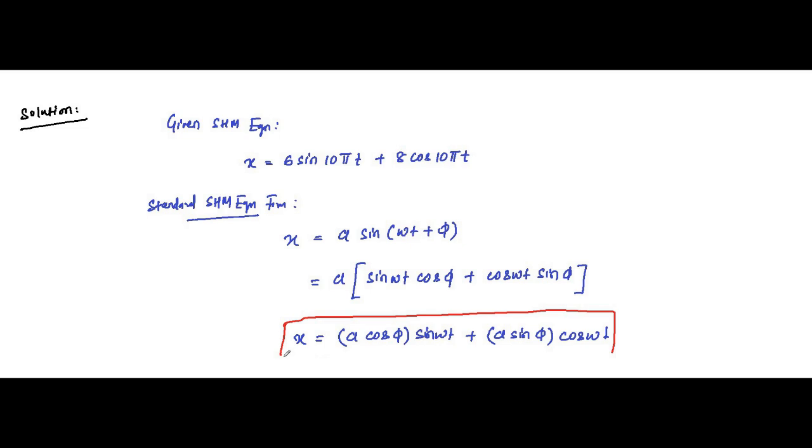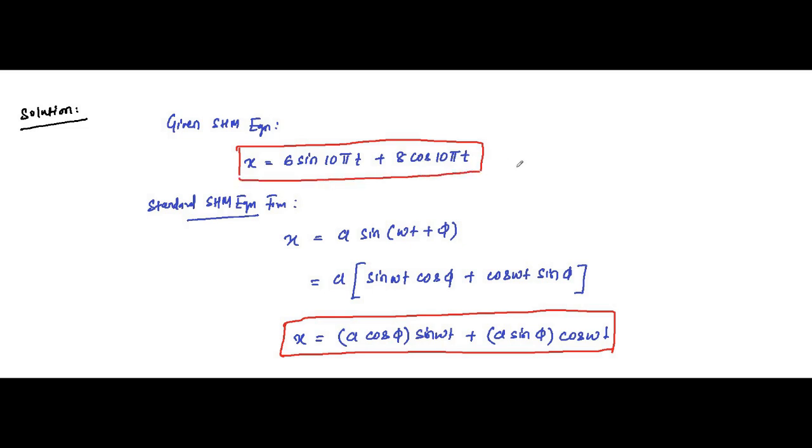Now please focus on this equation which we derived from the standard SHM equation, and this one. If we compare these two, we will find a similar pattern: here it is sin something t, here also it is sin omega t; here it is cos some parameter t, here also cos omega t. Here we have a cos phi, here it is 6.